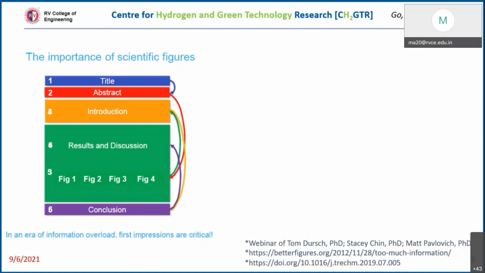So people might not have the patience to go through the research article in the way it is written, in chronological order, right? You start with the abstract, read the introduction, then go to results and discussion, then conclusion. No, it is unlikely that everyone does it.